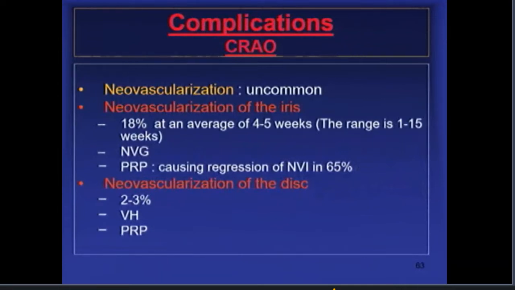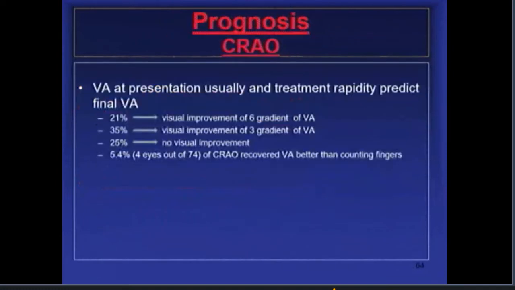We have neovascularization of the iris in 18% on average, and that might lead to neovascular glaucoma, which needs to be treated by panretinal photocoagulation. Neovascularization of the disc occurs in 2 to 3% compared with central retinal vein occlusion, and might end in vitreous hemorrhage, and panretinal photocoagulation is the main therapy.